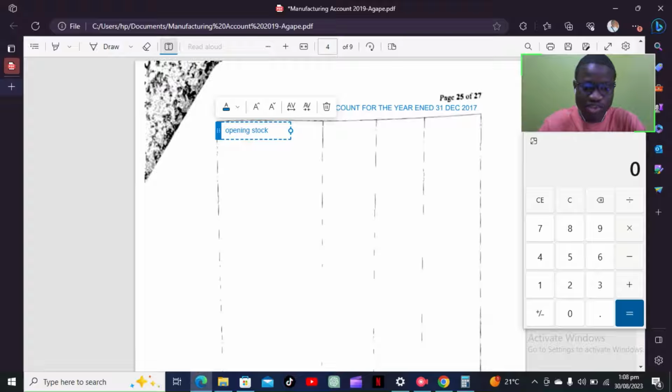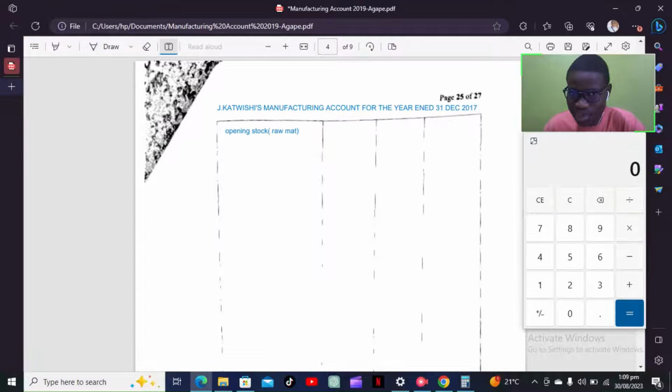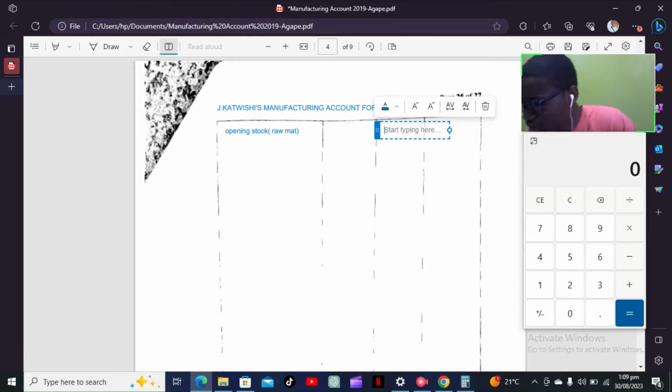The opening stock for this is actually raw materials, not finished goods. How much was it? The amount for raw materials was 20,650.